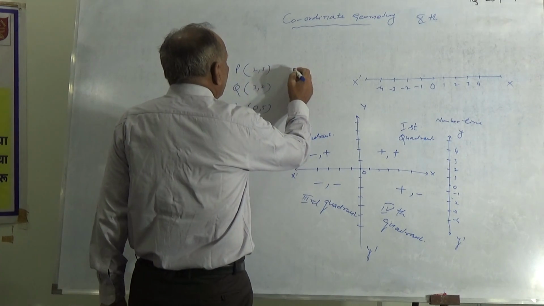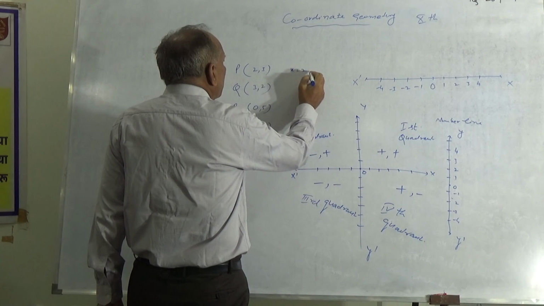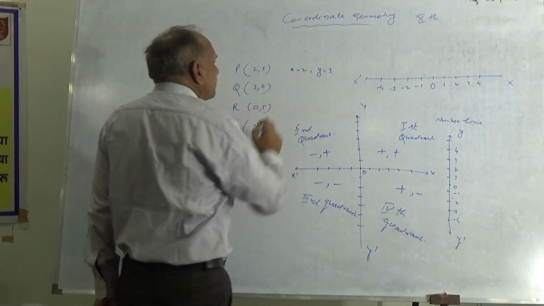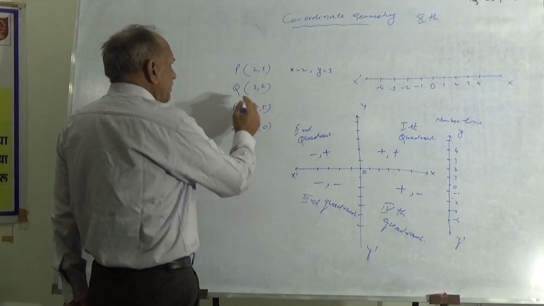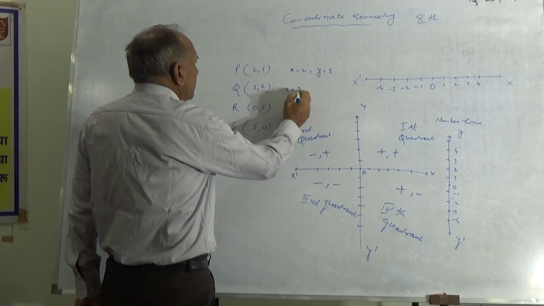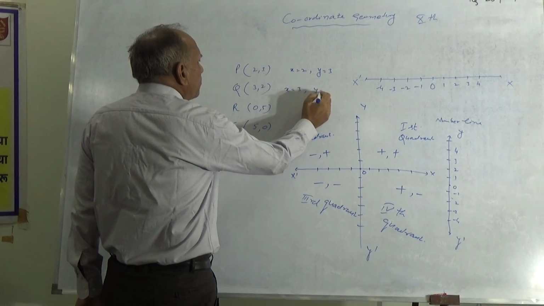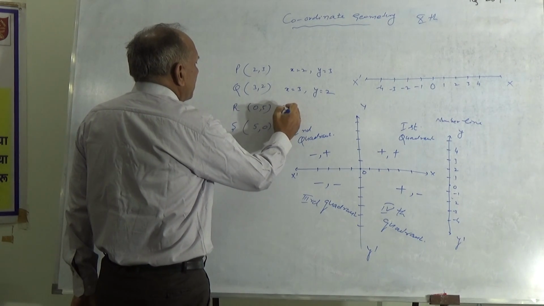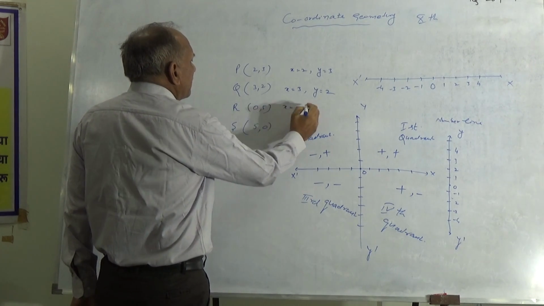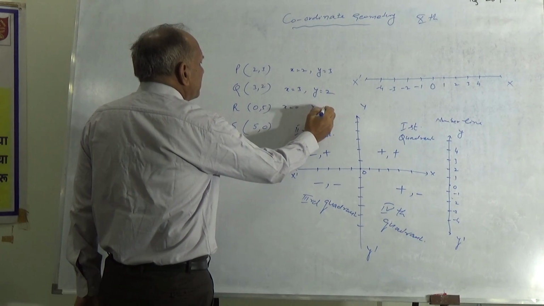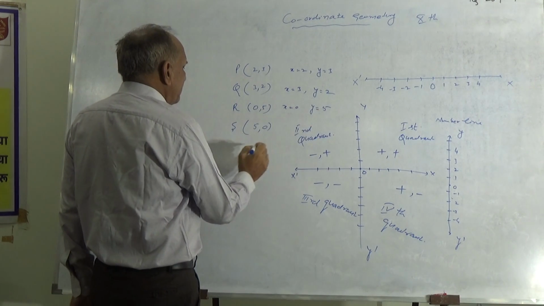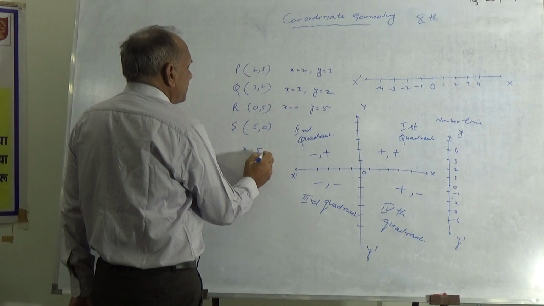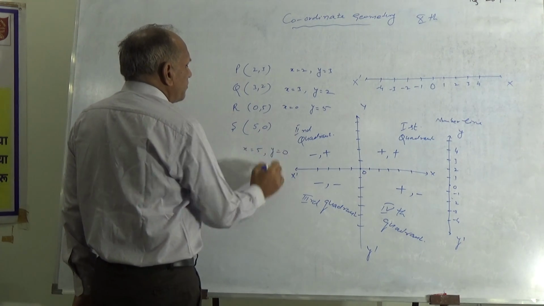In P, x is equal to 2 and y is equal to 3. In Q, x is equal to 3 and y is equal to 2. In R, x is 0 and y is equal to 5. Likewise, in S, x is equal to 5 and y is equal to 0.